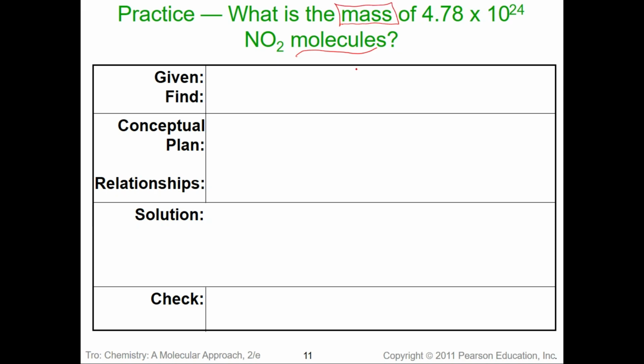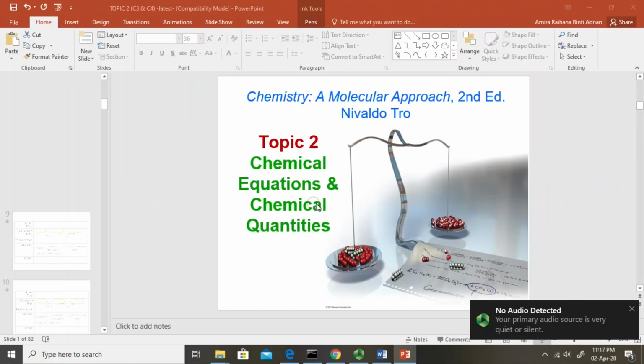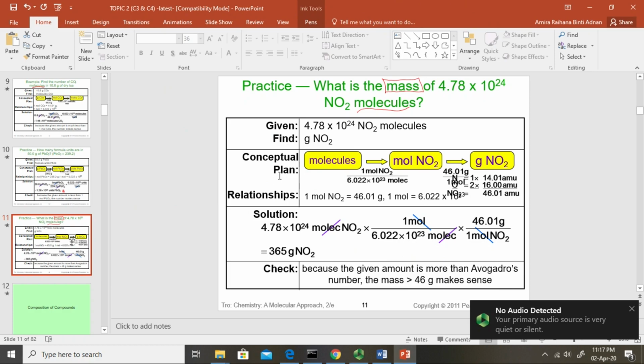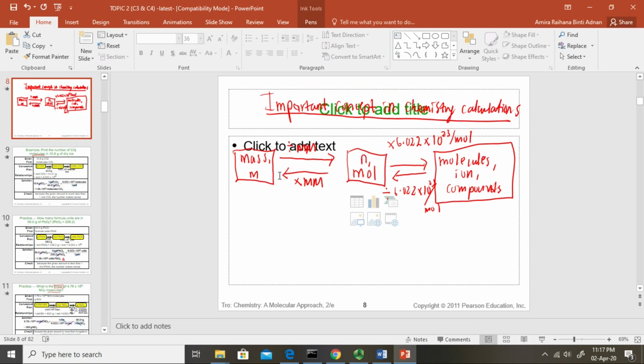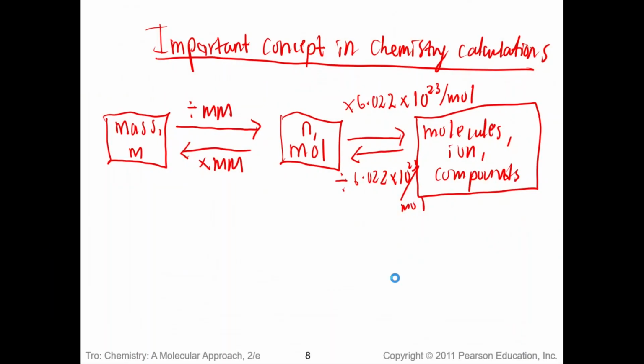So from molecules to mass, you have to refer back. From molecules, you divide with Avogadro and you get mole. From mole to mass, you times with molar mass.